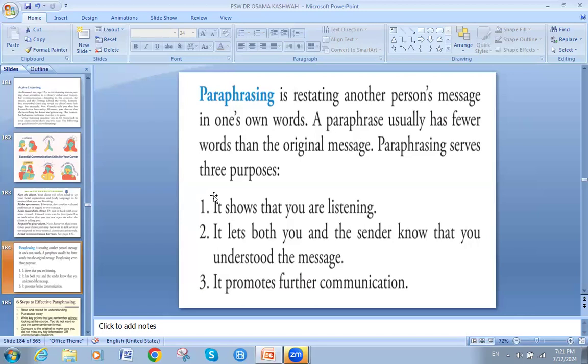So here you didn't repeat exactly the sentences like he told you. You change the nature of these sentences, and you return it back to him in a form of paraphrasing.